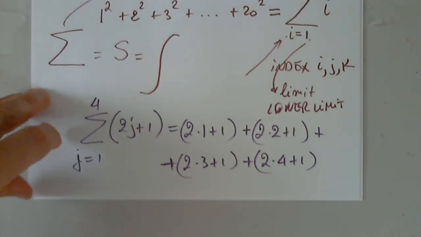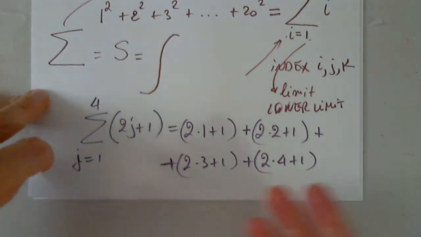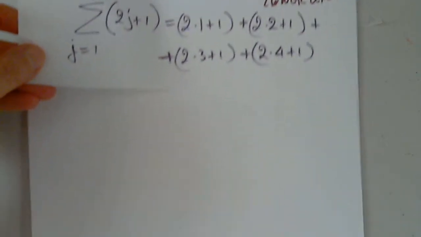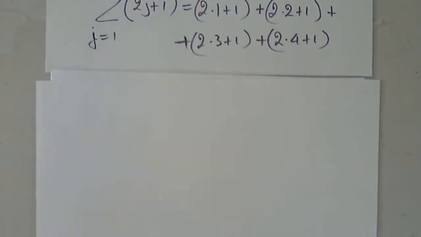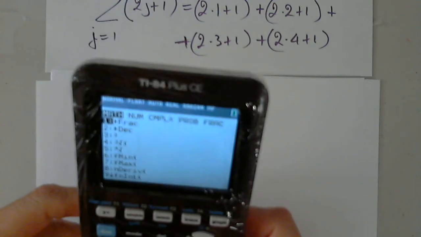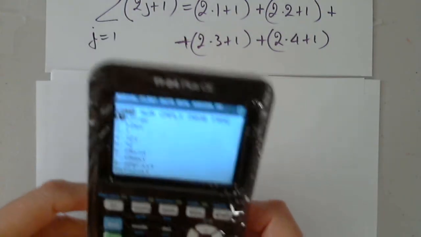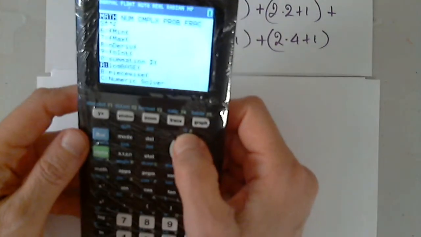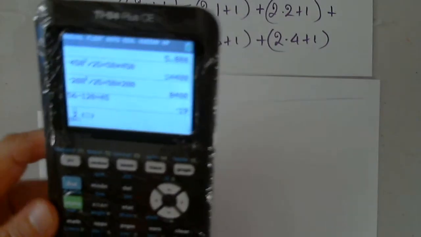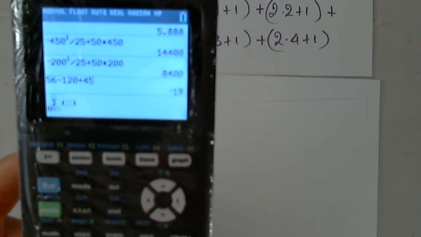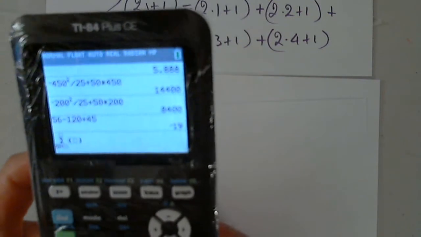And it has 2 properties. Of course, I can calculate this if you want to. And this calculator has the summation notation. It's super smart. The other calculators do not have the summation notation.